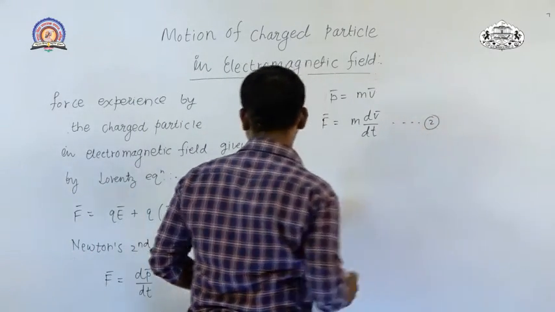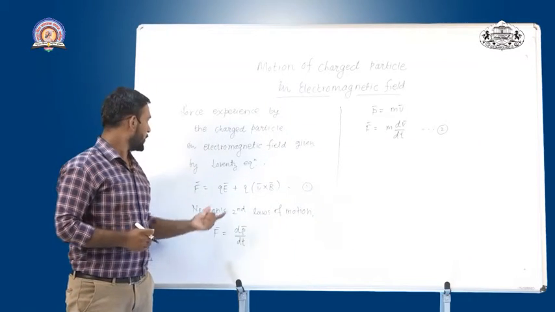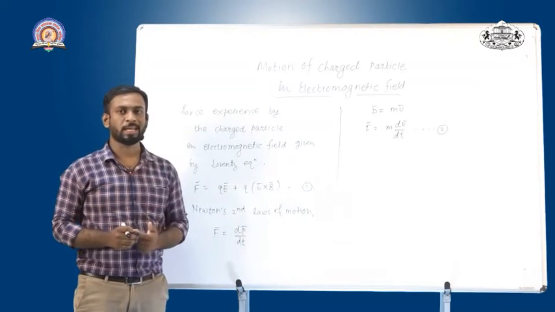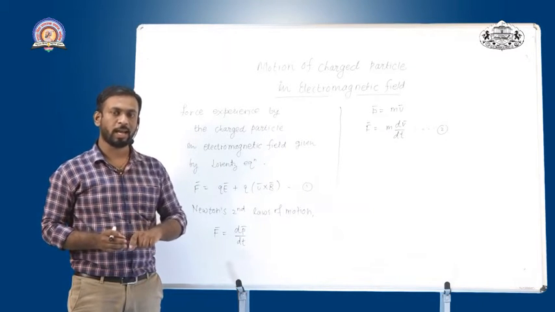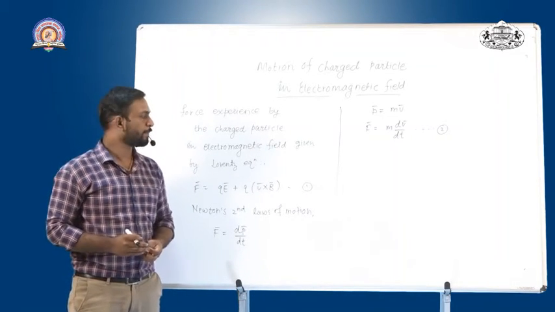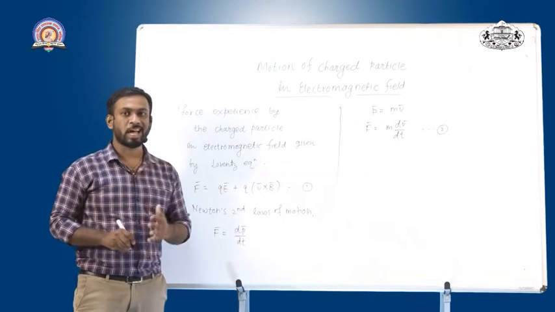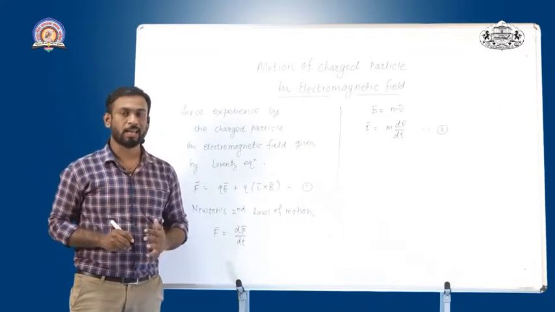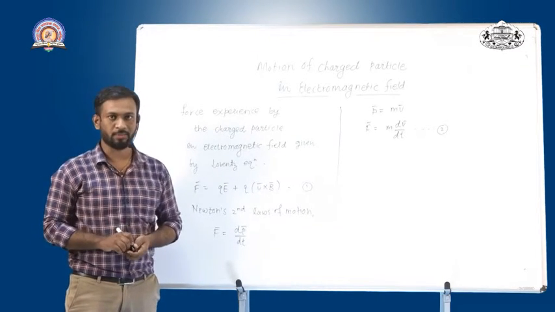We can use these two equations, equation 1 and equation 2, to find the motion of the charged particle in an electric field, a magnetic field, and in both fields. Let us start our discussion with the charged particle in an electric field, and in that the motion of the charged particle parallel to the direction of the electric field.